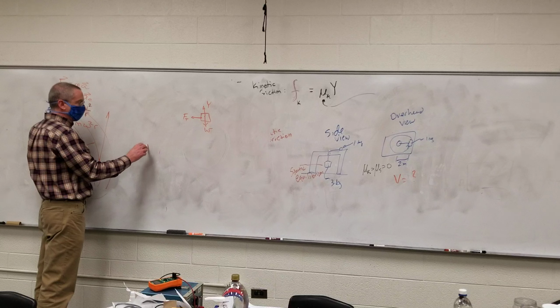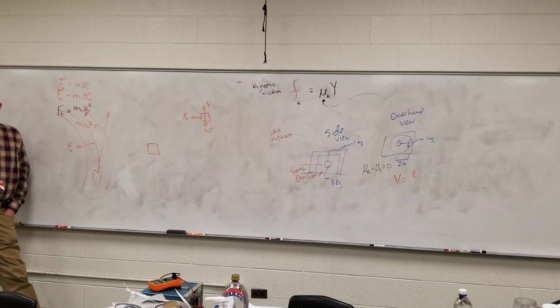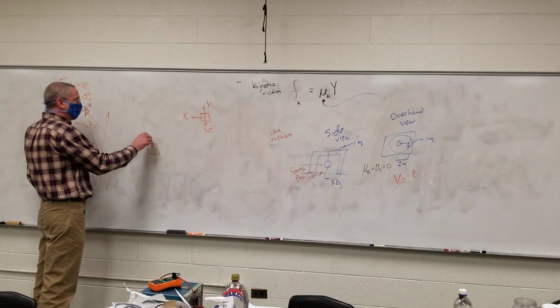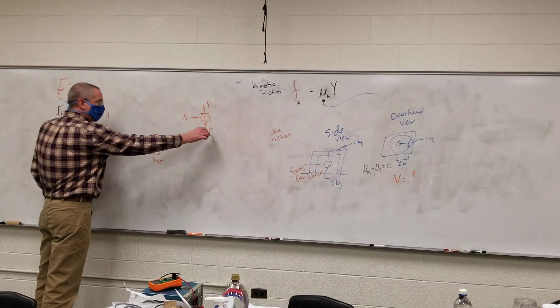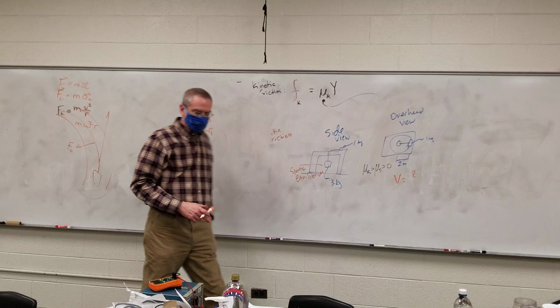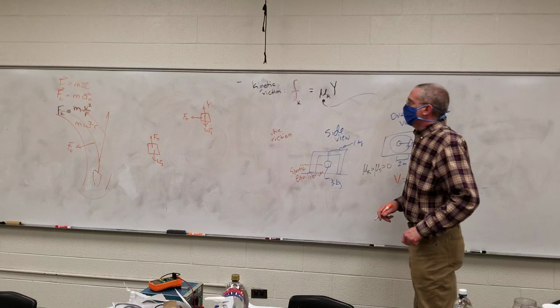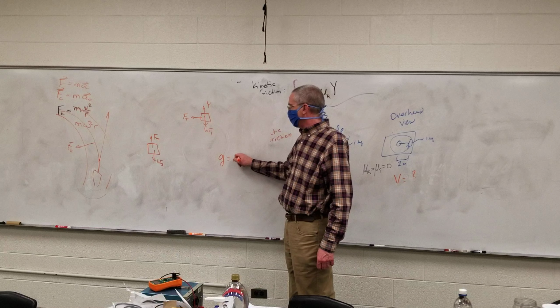So now, looking at the 3 kilogram mass, what are the forces acting on the 3 kilogram mass? Weight and tension. I'll call this weight 1 and weight 3. Just for the sake of ease, let's let the acceleration of gravity be 10 meters per second squared.